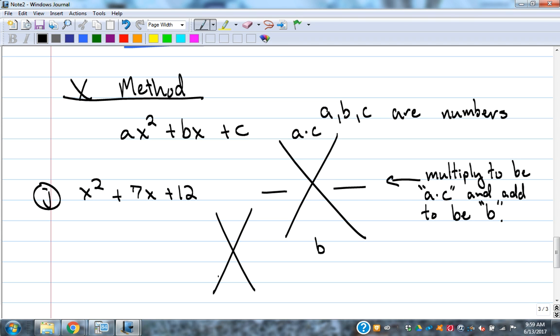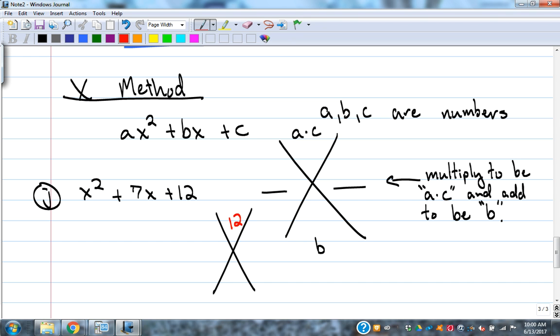What's in front of X squared? It's 1. What's C? C is 12. So in the top part of my X, I'm going to say 1 times 12. 1 times 12 is 12. So that's what goes up there.